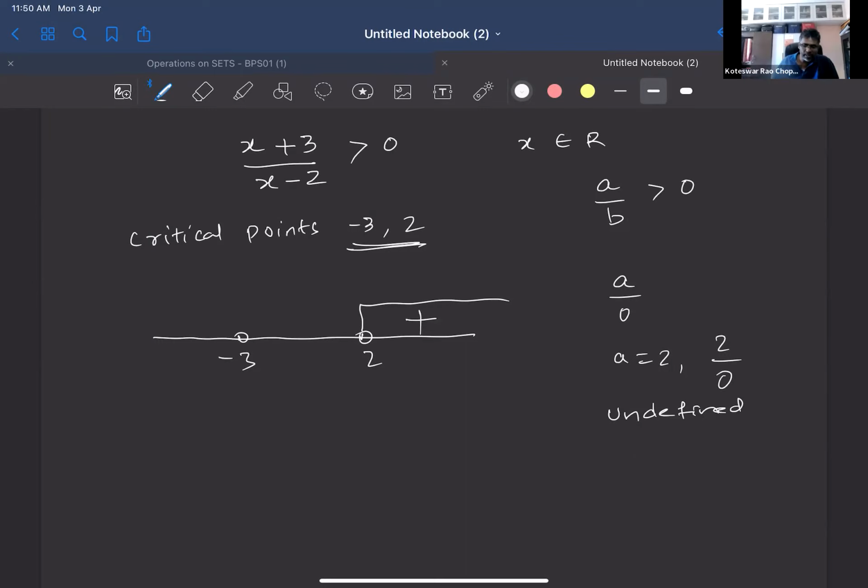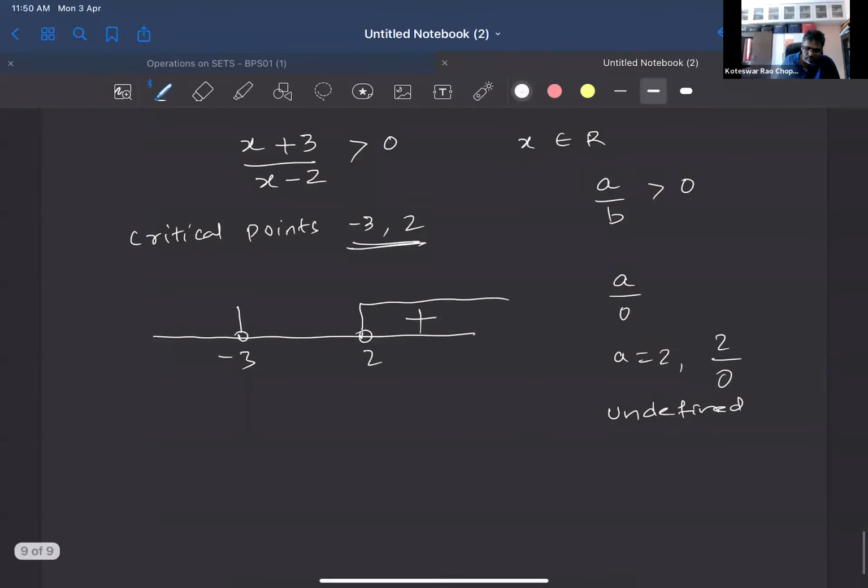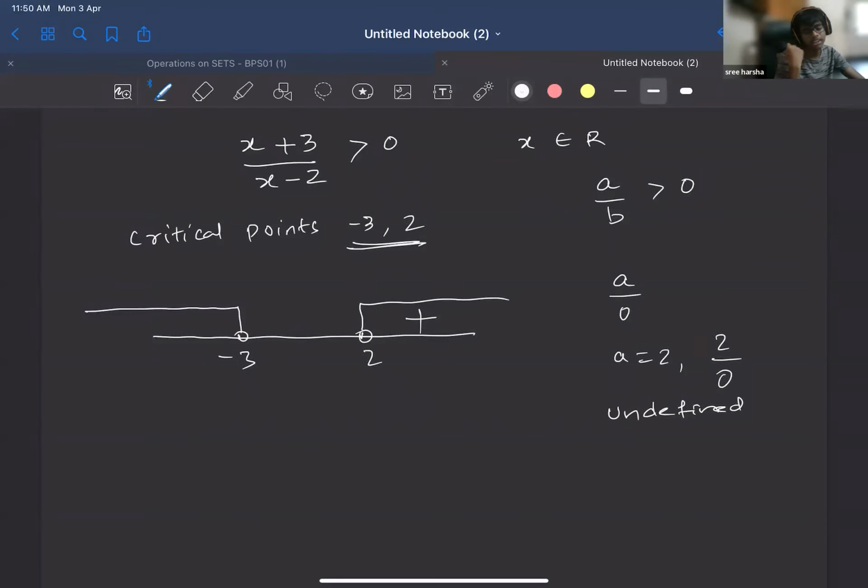And then if you go to the region which is less than minus 3, your numerator will become negative, and the denominator will also become negative. So negative by negative will give you what? Positive. So that means this becomes positive, right? And then in between, what will happen?